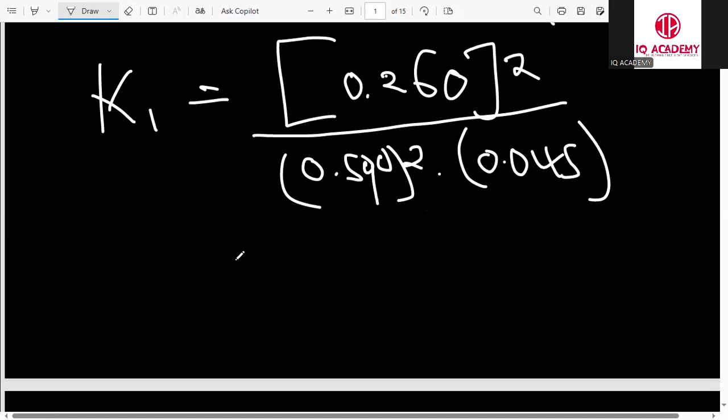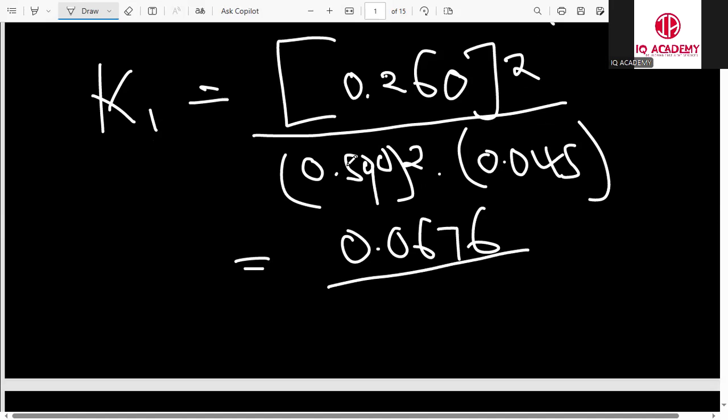Then you punch this value into your calculator. On top, when I punch this, I'm getting 0.0676, divided by, when I multiply this down here on my calculator, I'm getting 0.01 56645.